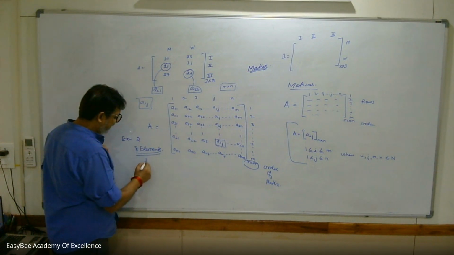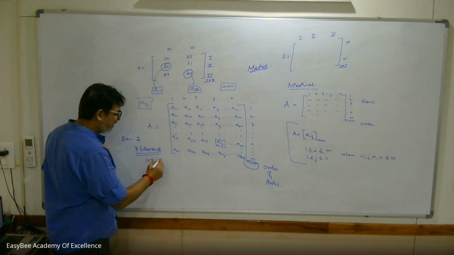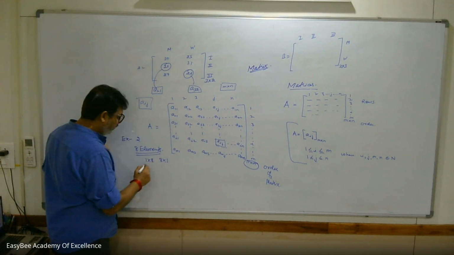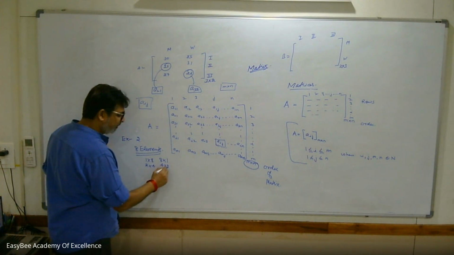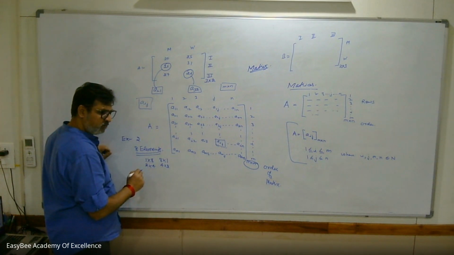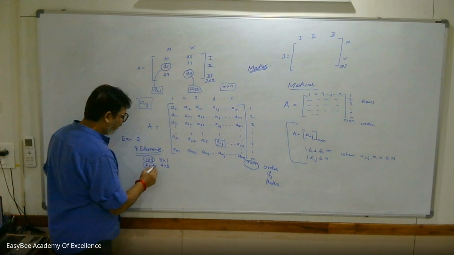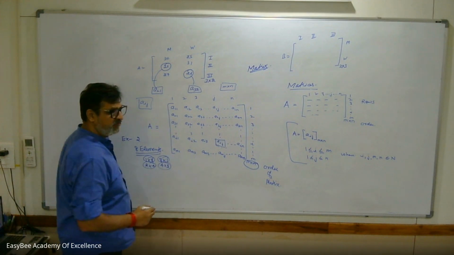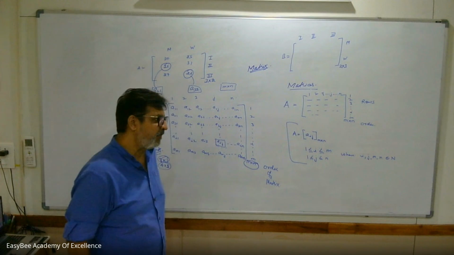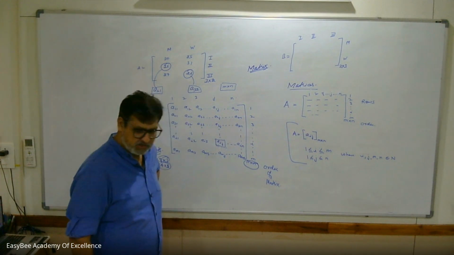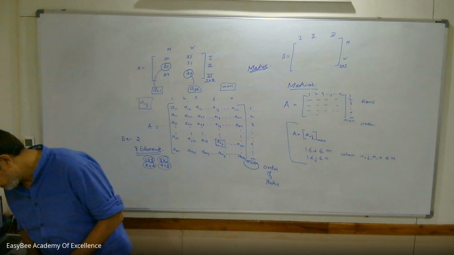So 1 by 8 and another will be 8 by 1. You can write 2 by 4 and 4 by 2. Is there any other pair possible for 8? No. So there are 4 possible orders of a matrix in which you have 8 elements. Right? Now next is example 3.